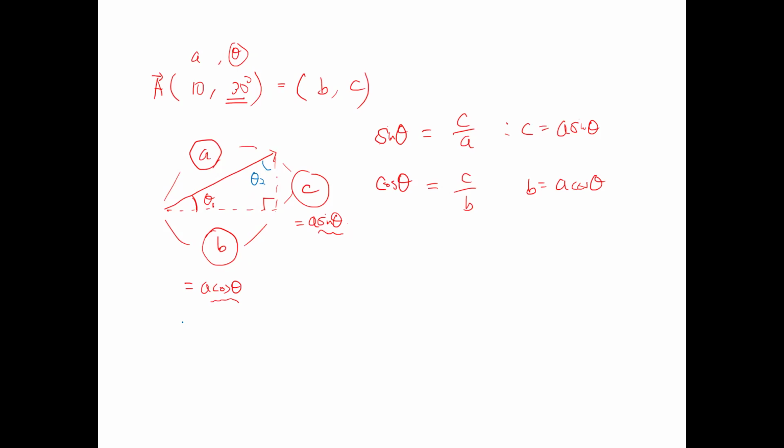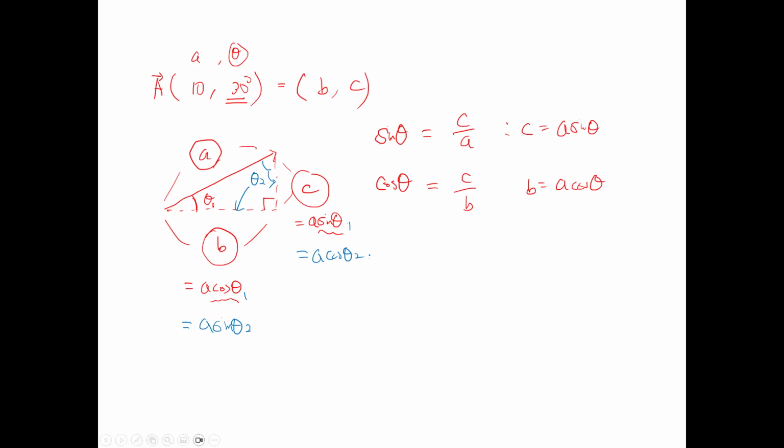It's the same. This is A. Now B is opposite to theta 2, so it's sine theta 2. And this one is adjacent to theta 2, so it's A cosine theta 2.